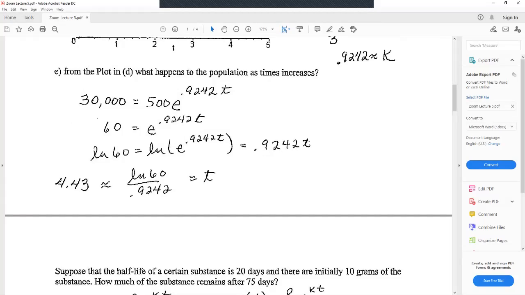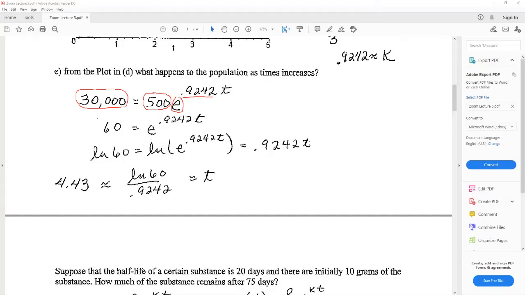The formula says that if you know the population at a given time, you plug that in on the left side for P of t. The initial value is still 500. e is still the same number it's always been, 2.718. And we figured out that k is 0.9242.